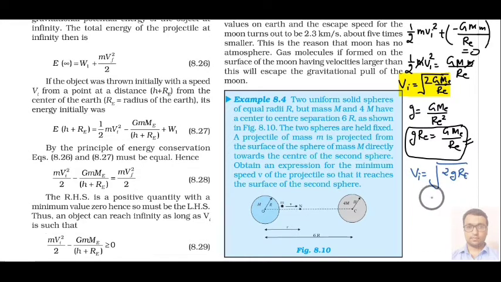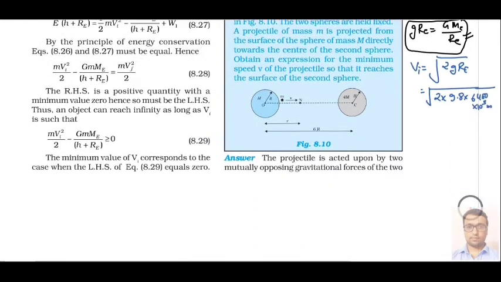Now I know that the value of small g at earth surface where h is 0 is 9.8, and the value of Re is 6400 kilometer, that is 6400 into 10 to the power 3 meter. If I use everything in MKS, then my answer will also come out in MKS. If you solve this, it will come out almost 11.3 into 10 to the power 3 by taking the square root. It is also called 11.3 kilometer per second. So this much velocity you require.